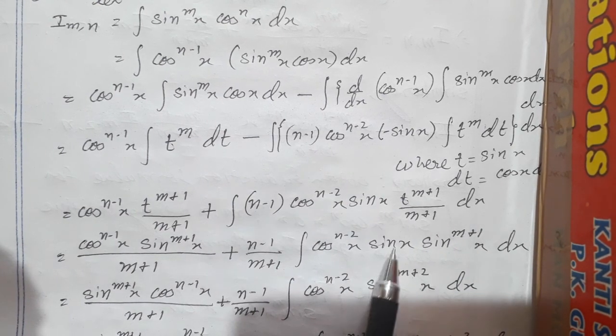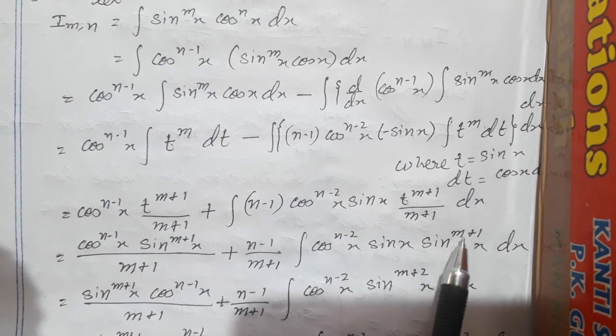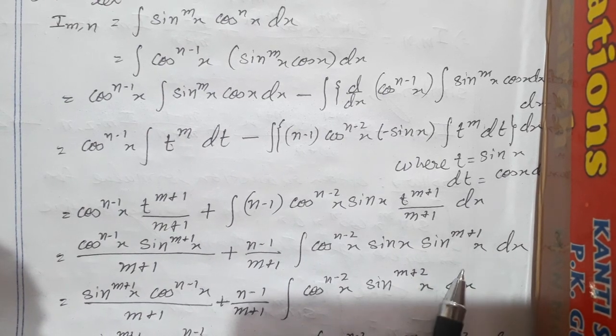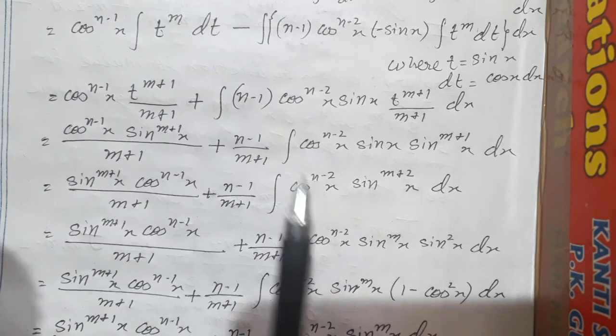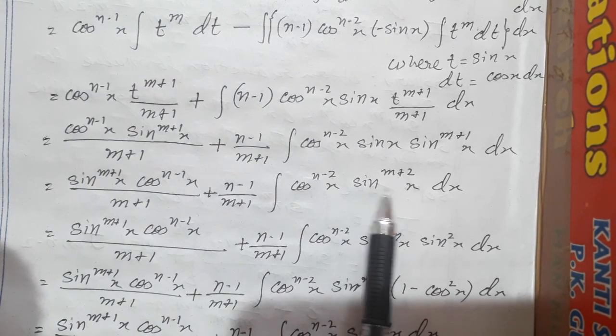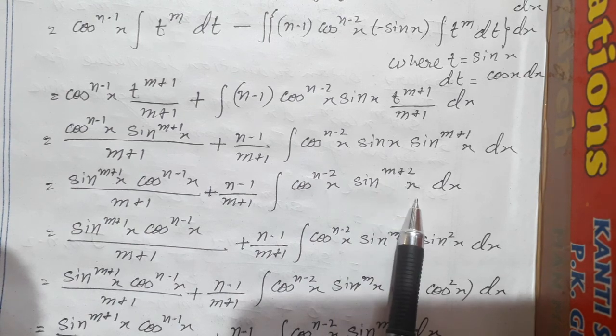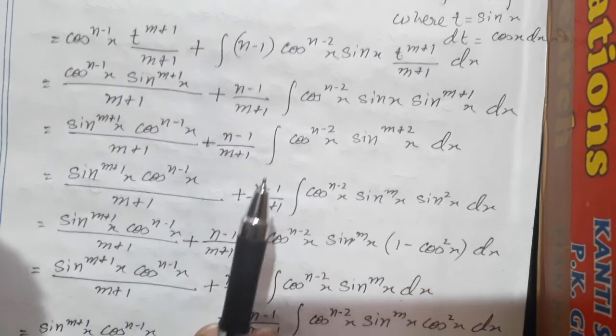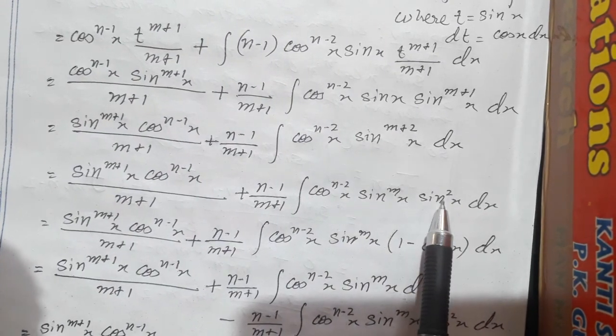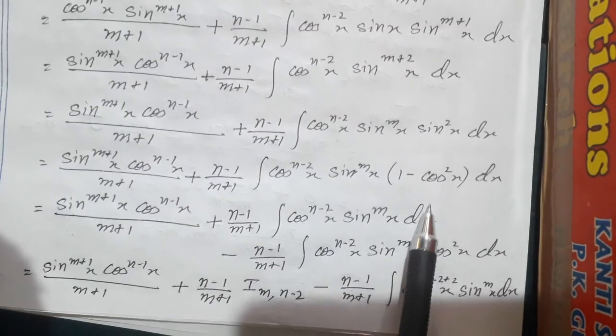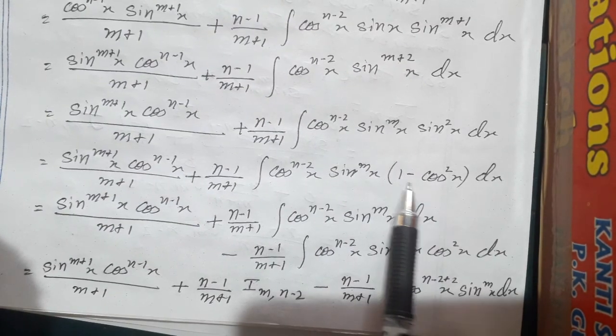If we add this to sin, we get sin^(m+2) x. We can separate this by the exponent law: sin^m x into sin^2 x. And sin^2 x can be written as 1 minus cos^2 x by using the identity.